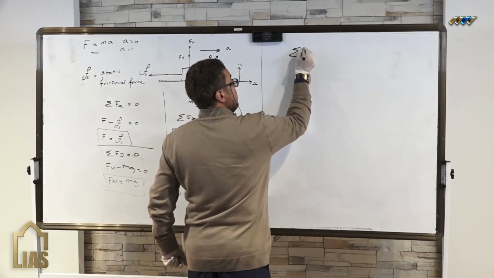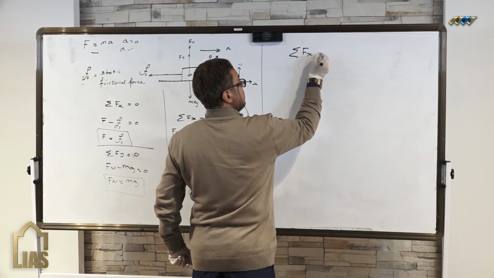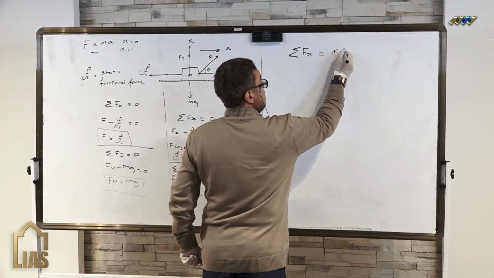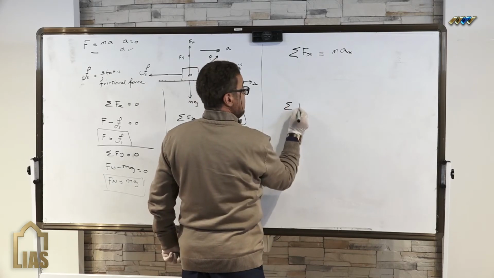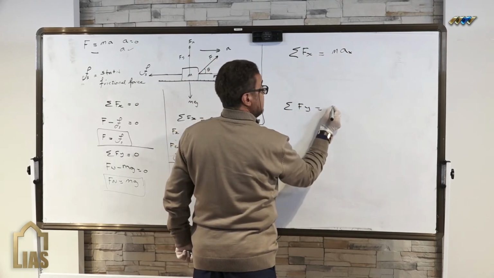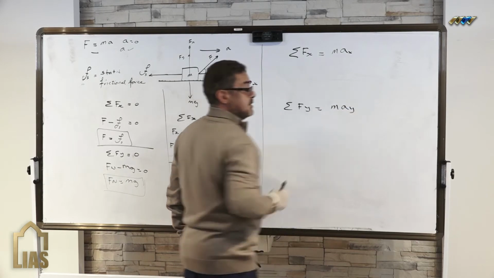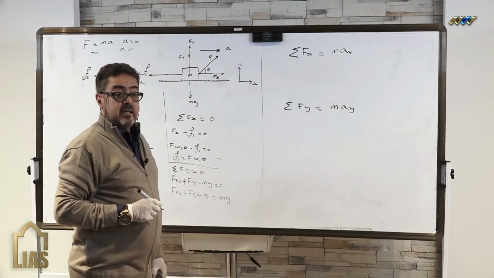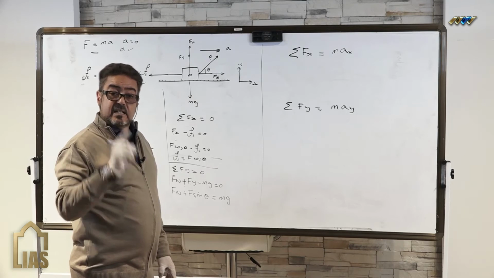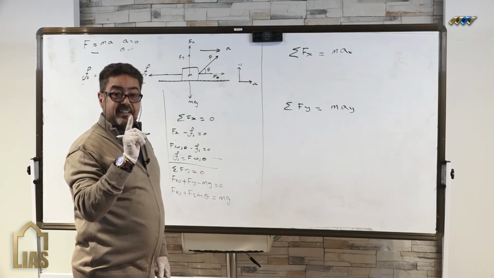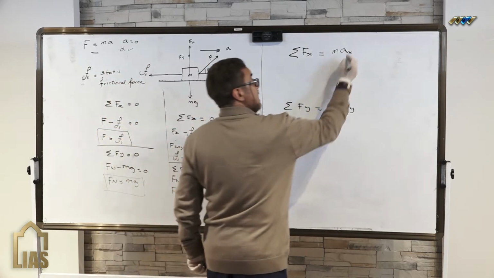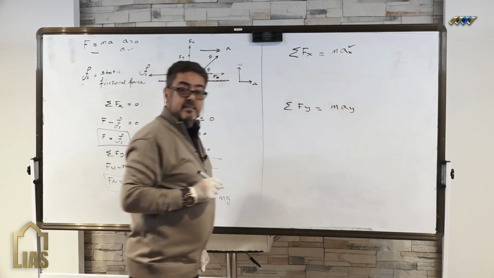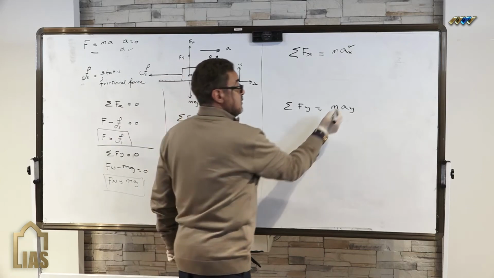Sigma Fx is equal to max. Sigma Fy is equal to may. If the mass is moving only in the x direction, okay, then we have ax, and this here will be 0.